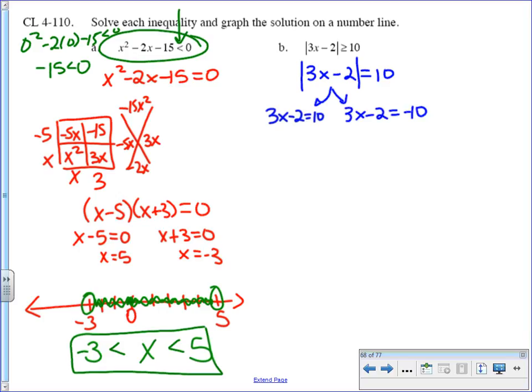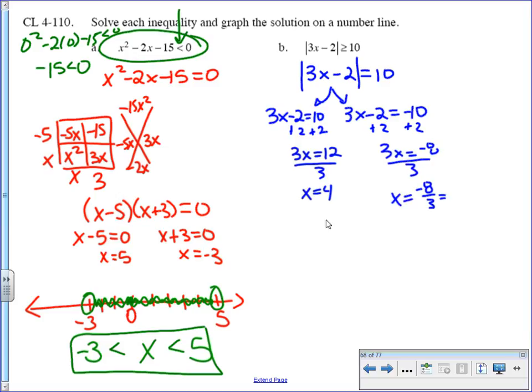So if I solve these, I'll find my boundary points. X equals 4 is one of them. And negative 8/3, which is the same as negative 2.6 repeating. Those are my boundary points.